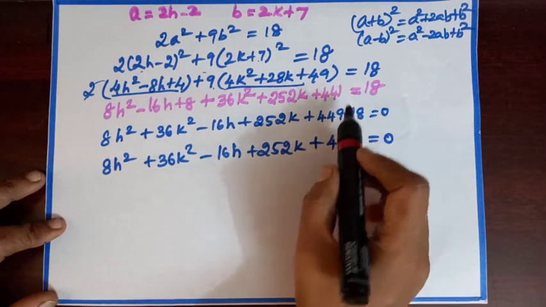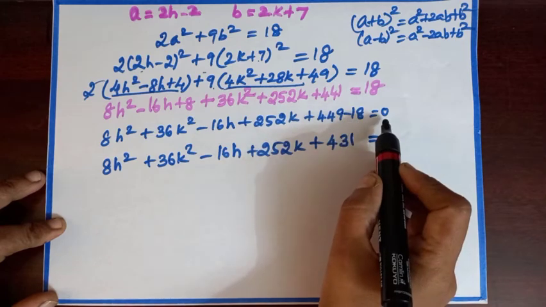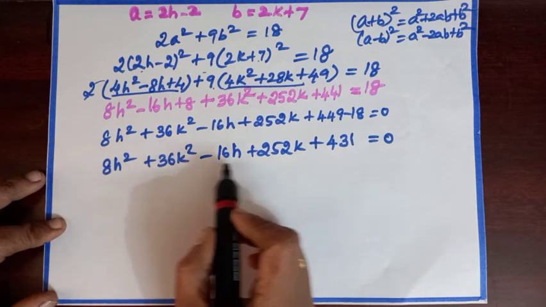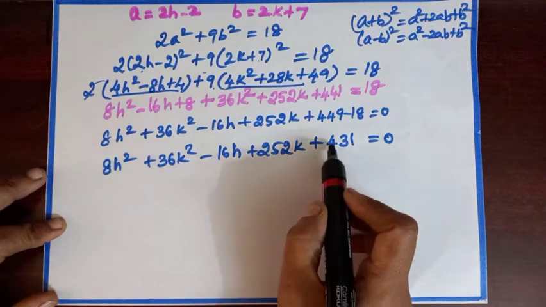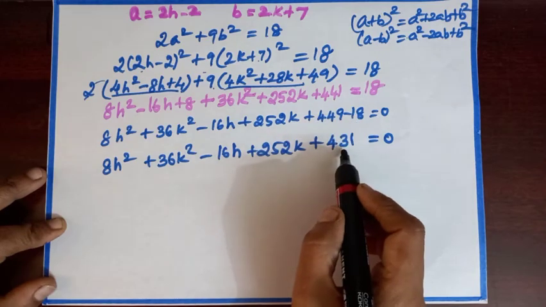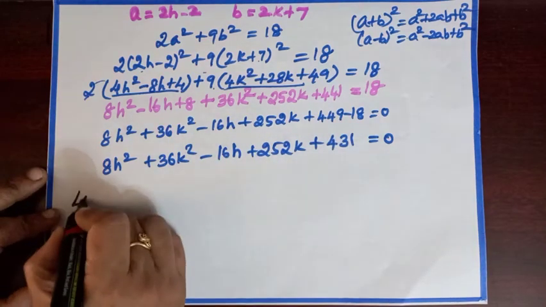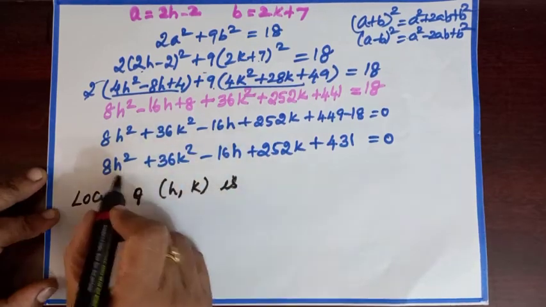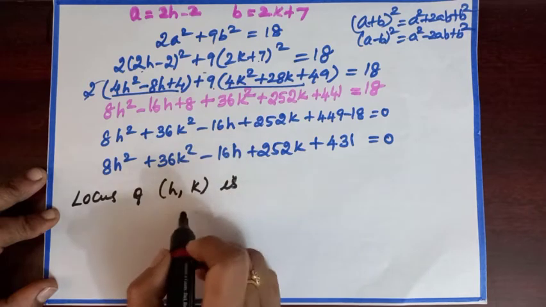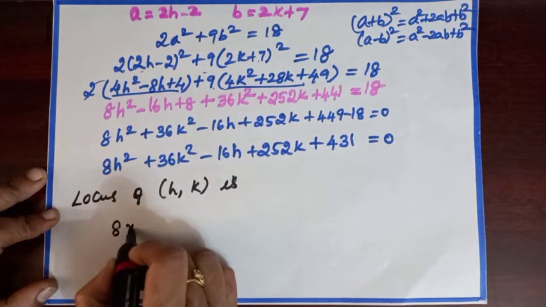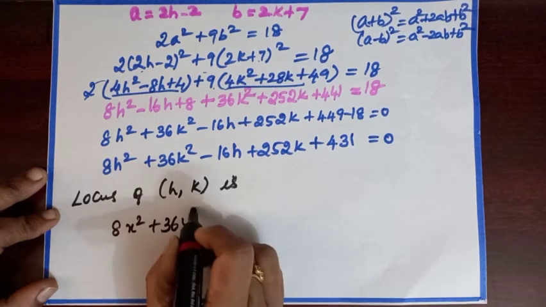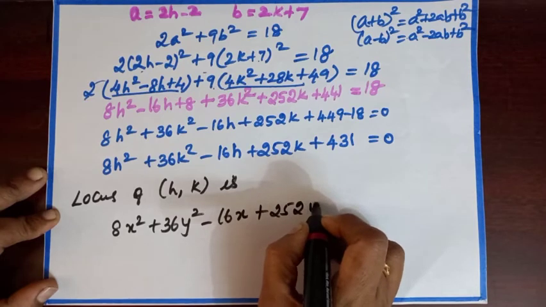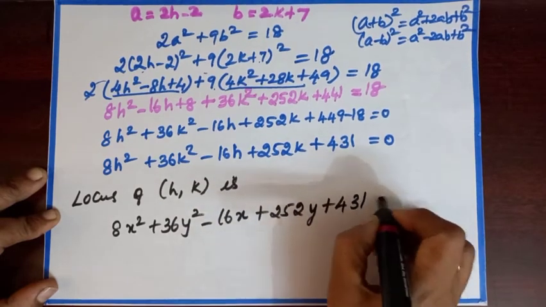Bring this 18 to the left hand side, it becomes -18 = 0. Then we get 8h² + 36k² - 16h + 252k + 431 = 0. Now the locus of (h, k): replace h by x and k by y. Then we get 8x² + 36y² - 16x + 252y + 431 = 0.